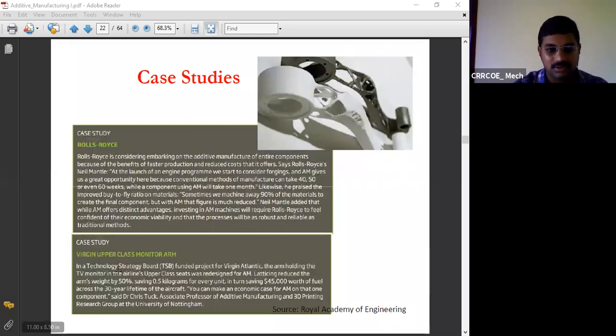And one more case study. This is another case study, in a Technology Strategy Board funded project. So we have different funded projects. If you go to the websites of ISRO, DRDO, or the Institution of Engineers.